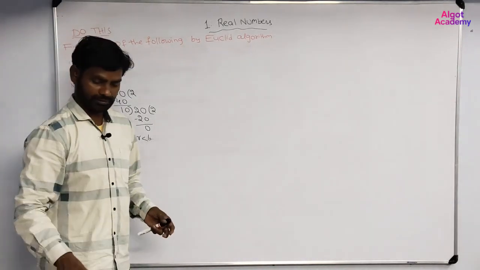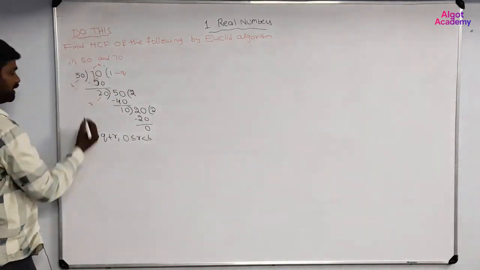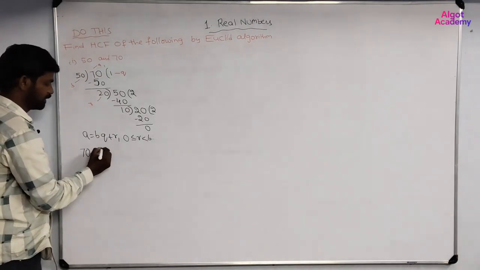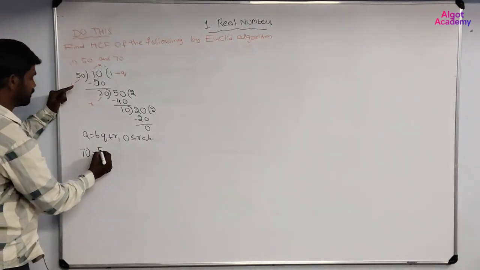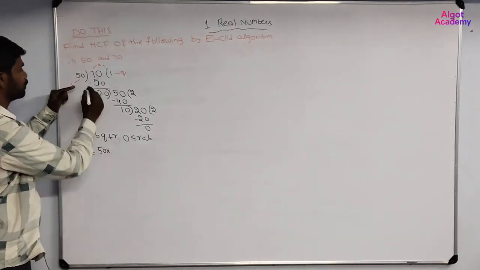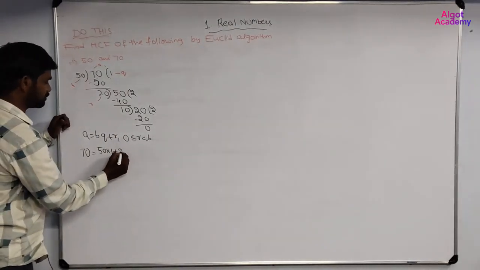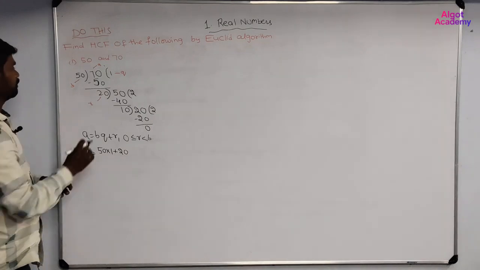So what is a? That is 70 is equal to b, 50, into q, the quotient is 1, plus the remainder 20. That is the first step.